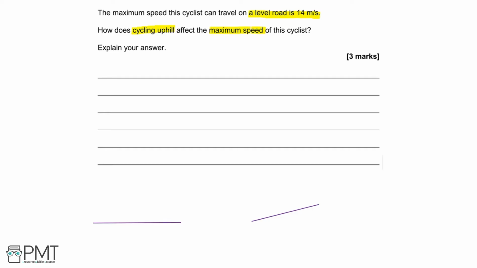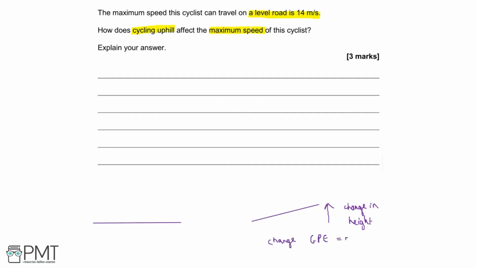What is different basically is that in the first situation there's no change in height, whereas in the second situation we have a change in height. And when you see this, straight away what we should be thinking is that this change in height means that there is a change in gravitational potential energy.